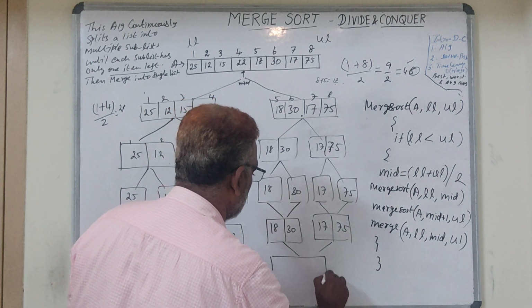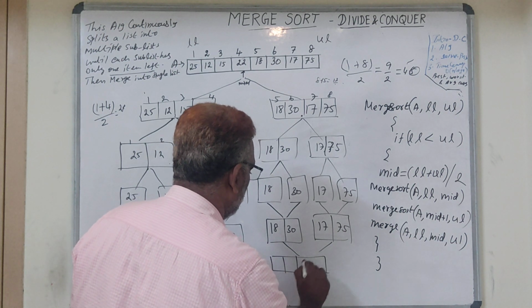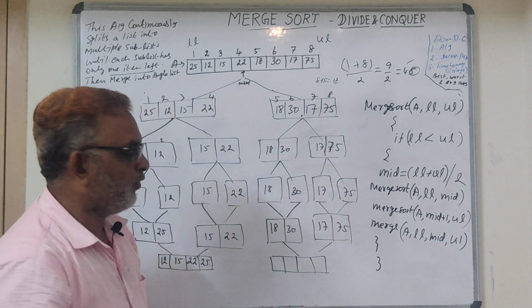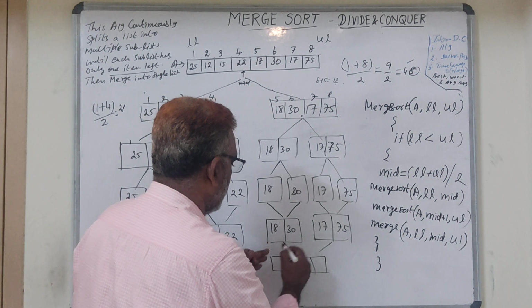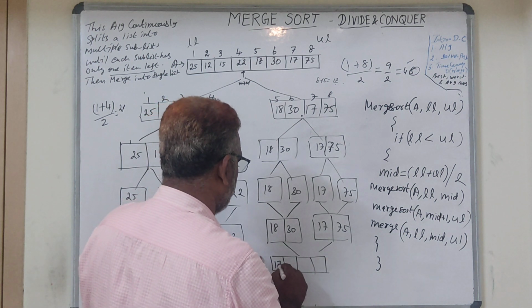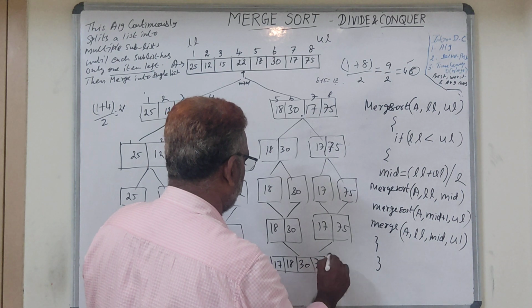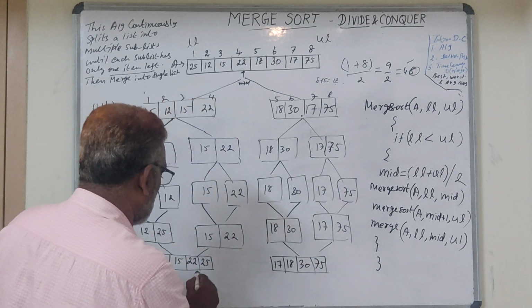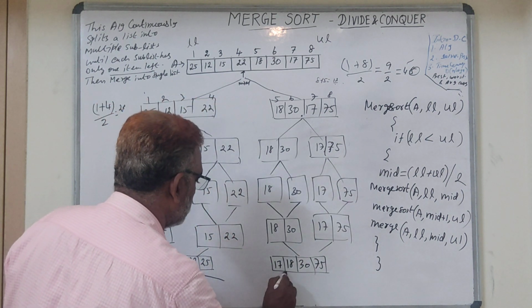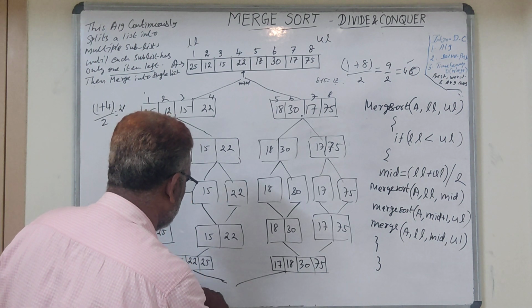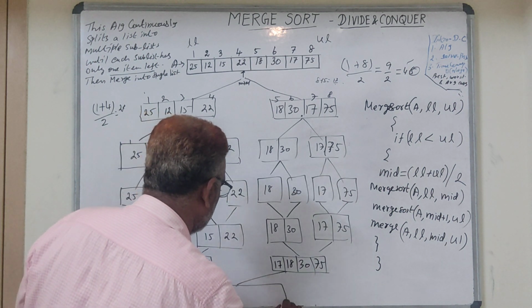You will get another list of 4 numbers, 4 values. So this is 17 and this is 18, this is 30 and this is 75. Now for the final answer, you have to combine these two lists and get the final list.